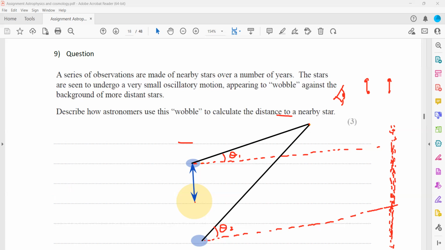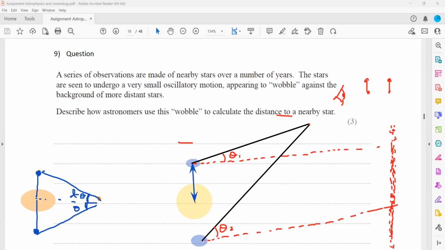This is the Sun, we are here, and we observe the star. This is one astronomical unit, this distance is d. We call this angle theta. After a 6 month duration, we again observe; this is again one astronomical unit, this d. So this angle is also theta. So basically we have two theta.